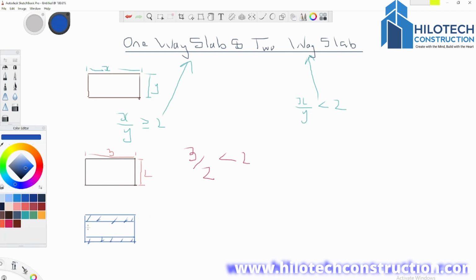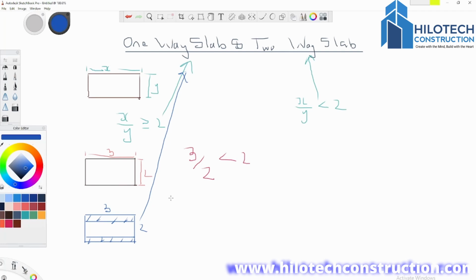So this is a one-way slab. Even though in this case we have this distance to be 3 and this to be 2, and if we divide that, you are going to see that it is less than 2, since it is being supported on two sides, this is still considered a one-way slab.